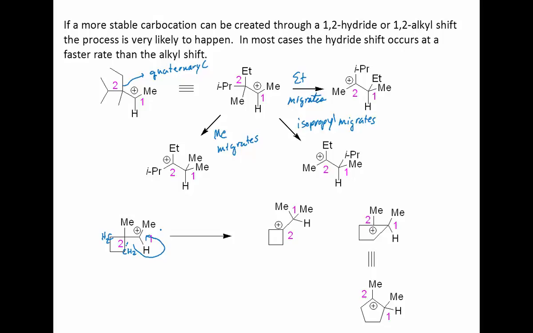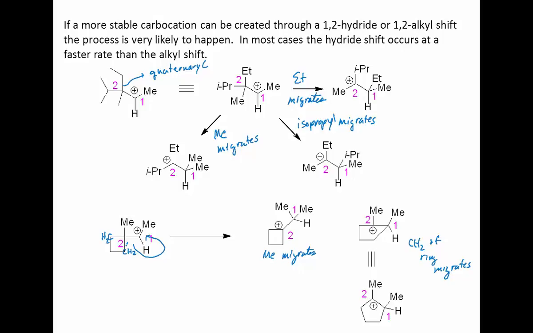All right, so there's 2 possible products from migrations here. We can make this one if methyl migrates, and this one if CH2 of the ring migrates. Okay? All right.